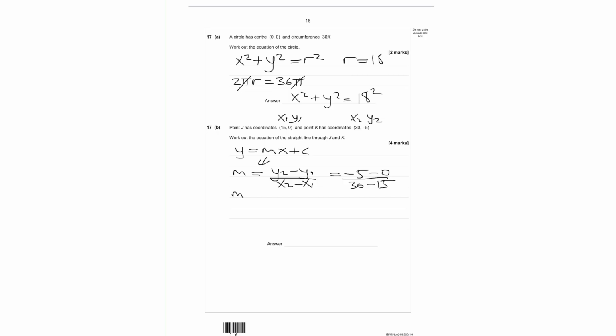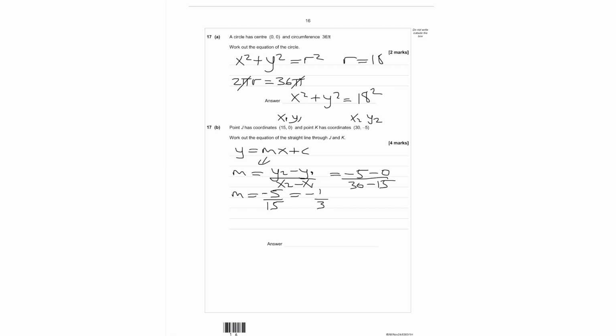And that gives us minus 5 over 15. If we divide top and bottom by 5, we get minus 1 over 3.